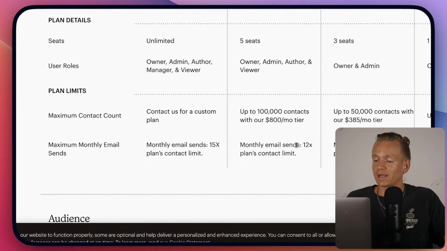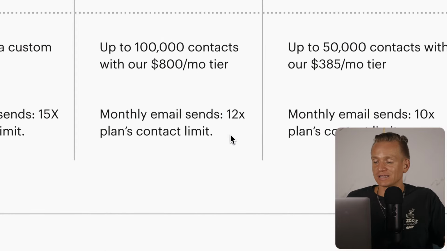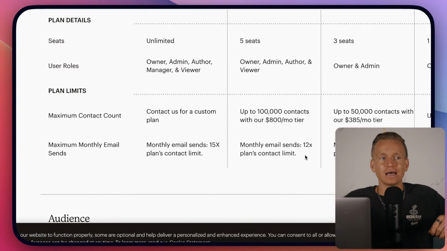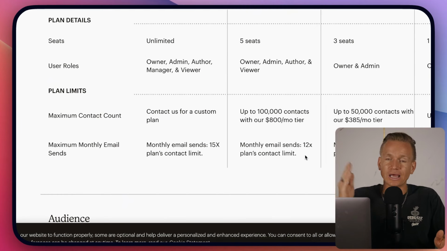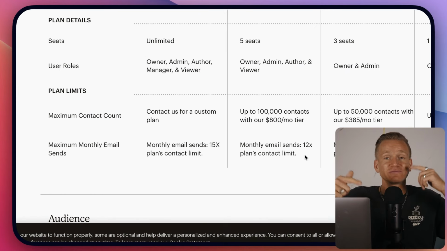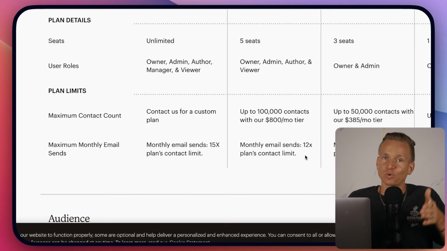On their medium plan, it's 12. So if we take this plan, for example, what that means is you can send out 3 emails per week, and that might seem quite okay, but when you think about it, if someone signs up for your email, then you are going to be sending out those first couple of initial onboarding emails. So that adds up quite a bit.